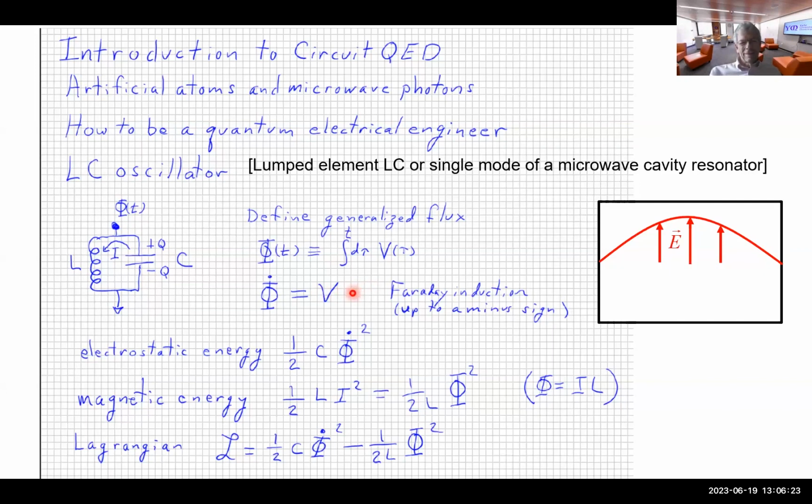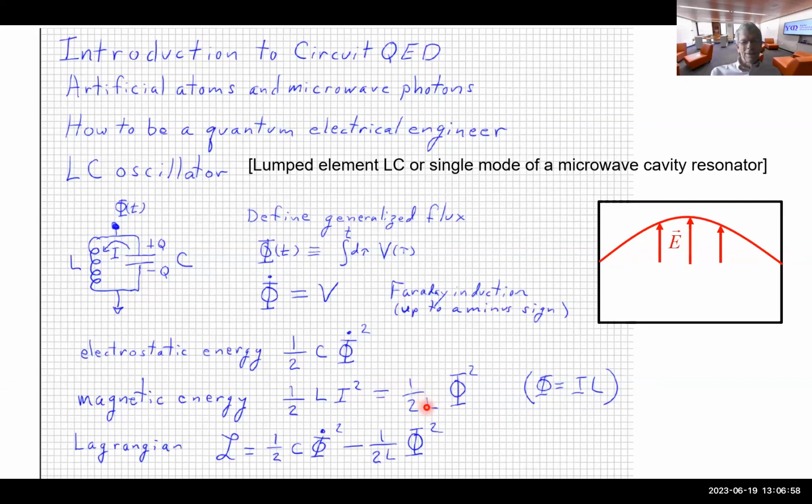And the electrostatic energy on the capacitor, 1/2 C times voltage squared, starts to look like 1/2 mass times velocity squared. And the magnetic energy stored in the inductor, 1/2 Li squared, turns out to be, because flux is inductance times current, flux squared over twice the inductance.